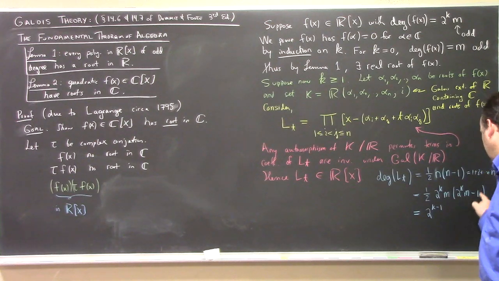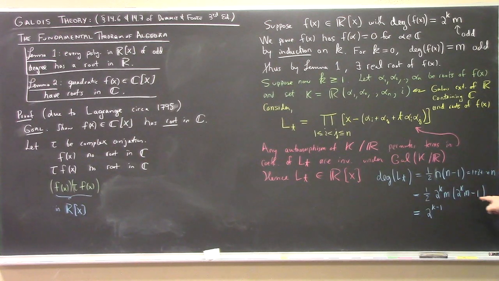This is all m prime, because this is odd, I believe. Odd times odd is odd, so m prime is odd. So then what? Oh, so the degree of L sub t is what? Less than k.